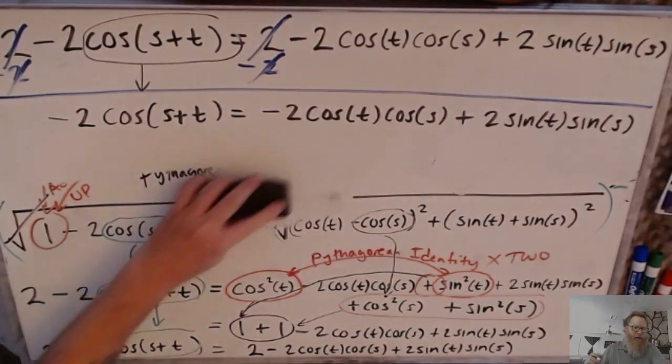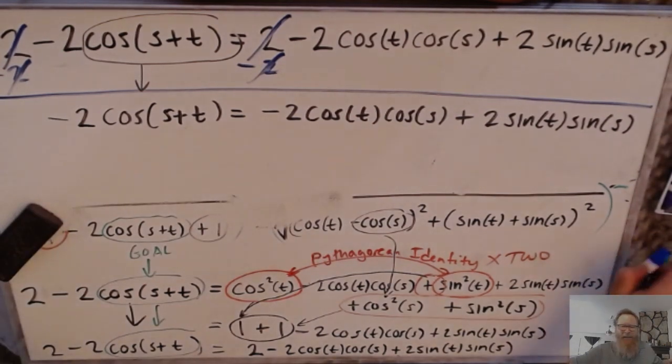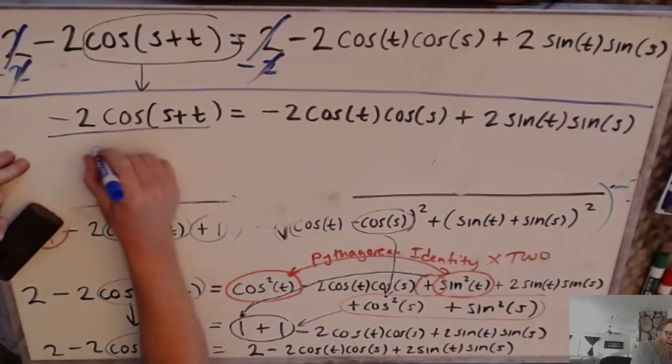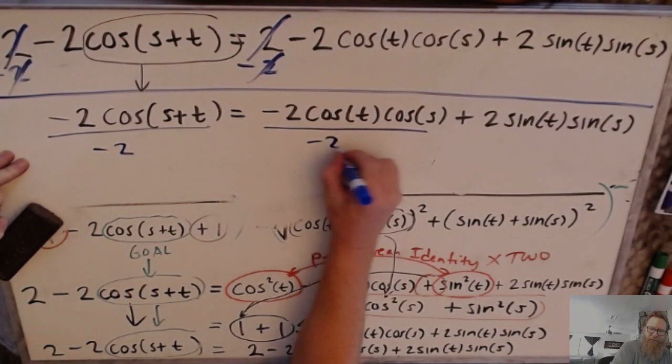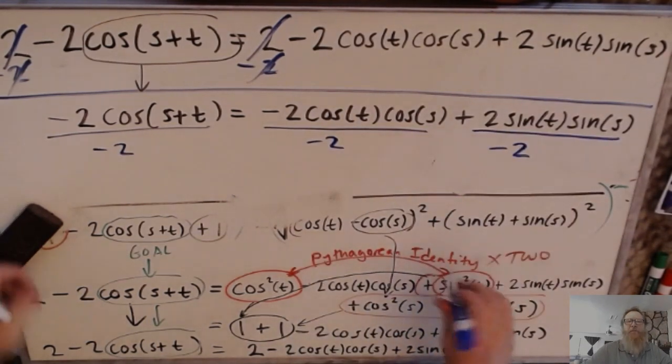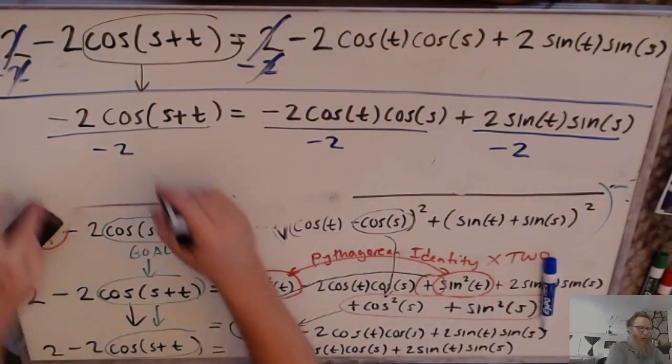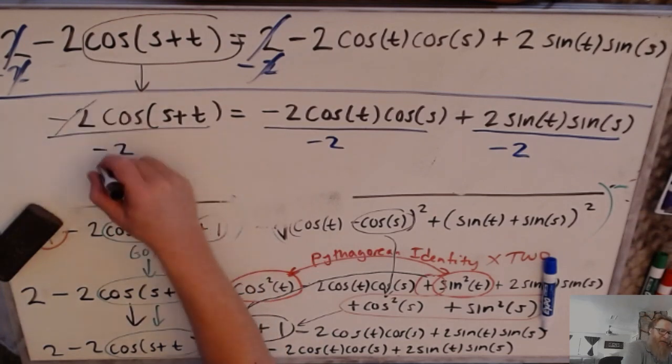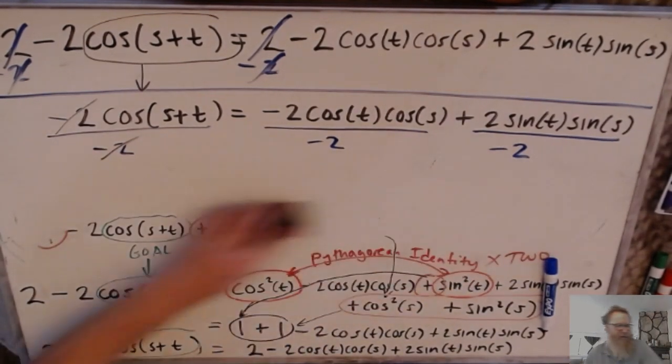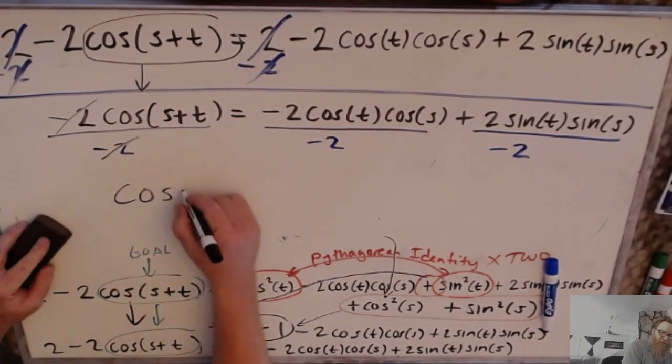Oh, we're so close. The last thing, divide everybody by -2. So our goal is to get the cosine by itself. And we have achieved our goal.